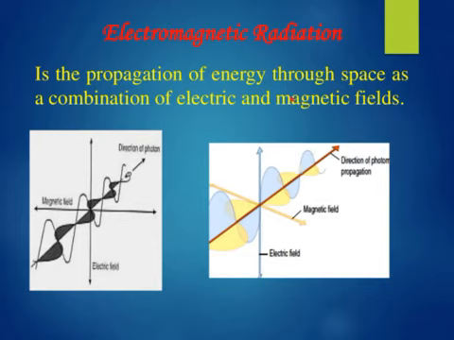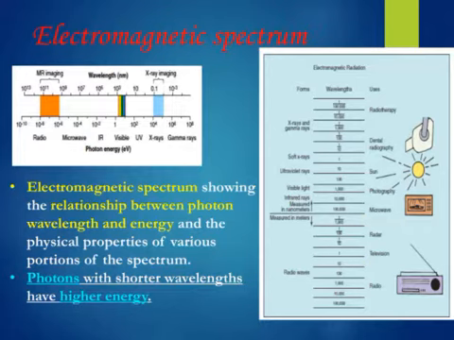Electromagnetic radiation has waves and it also has packets of energy called photons. Photons are just packets of energy. They do not have any charge, they do not have any mass, you cannot see them, and they travel at the speed of light, so it travels faster.